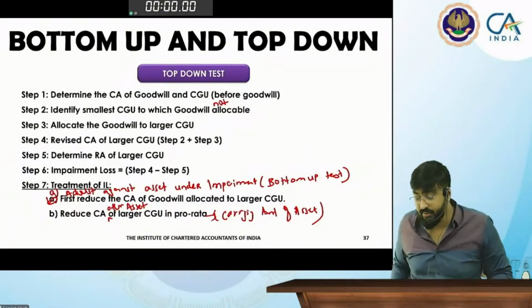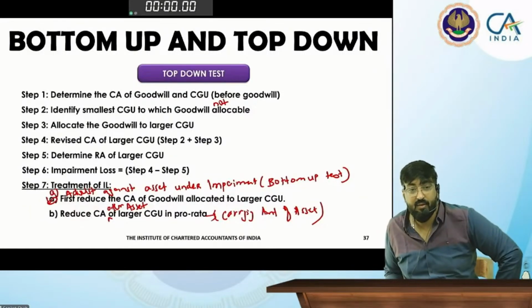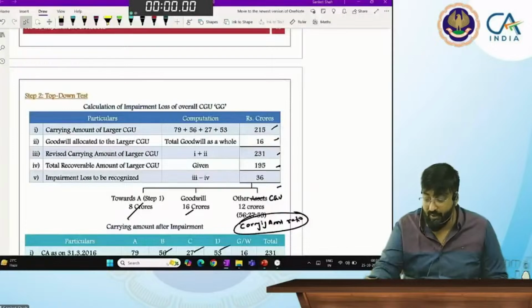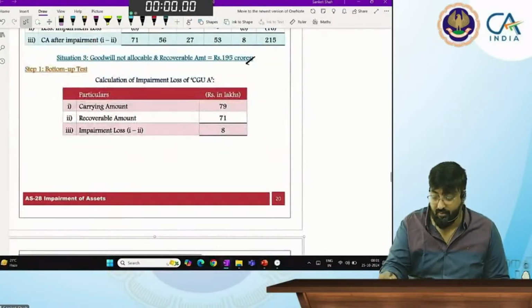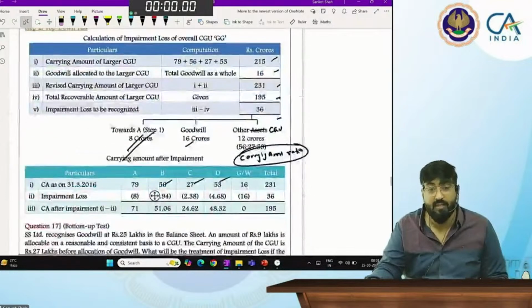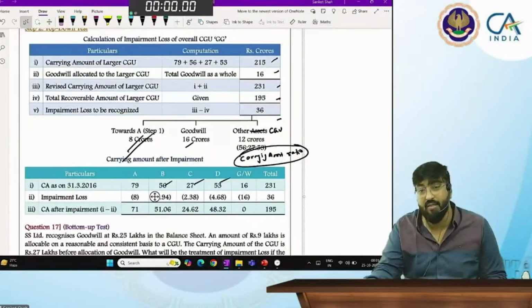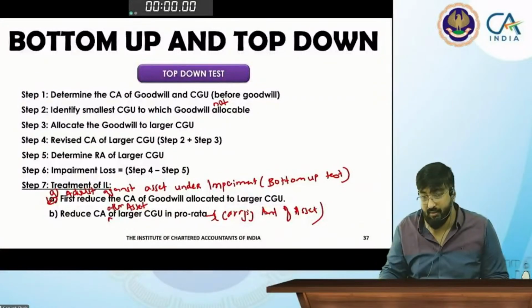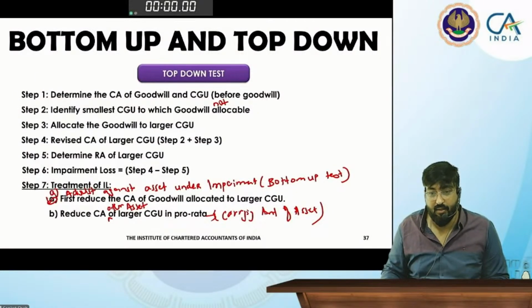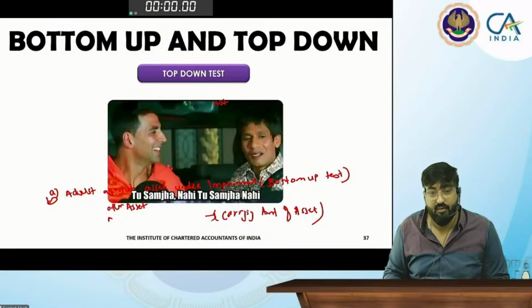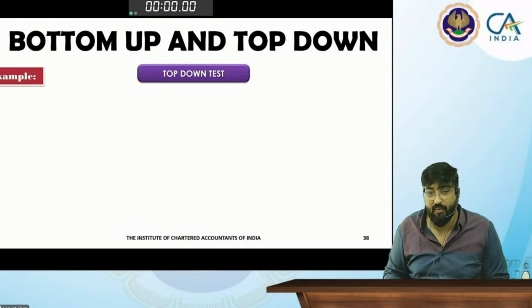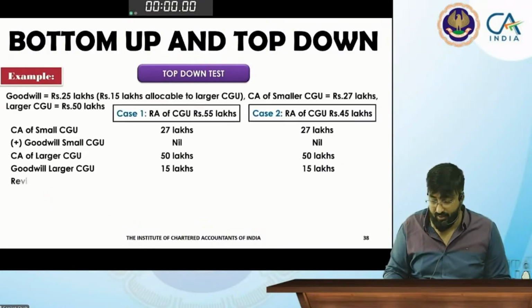Did you understand? First you adjusted 8 against the asset from the bottom up test, then 16, and then you adjusted against the carrying amount of other assets. Is it easy now? Yes, sir, it was easy.